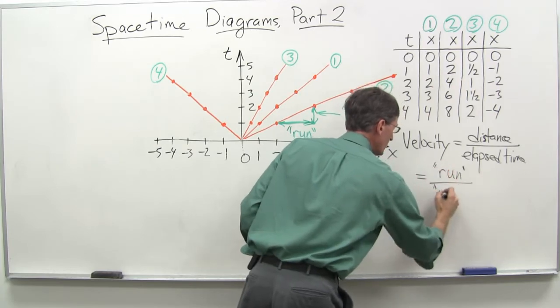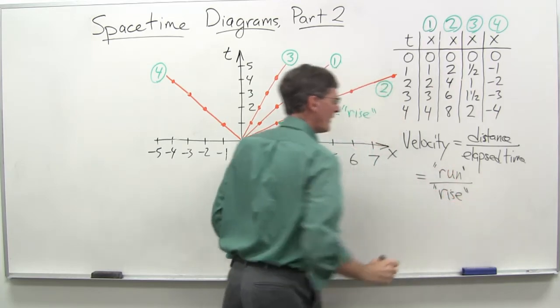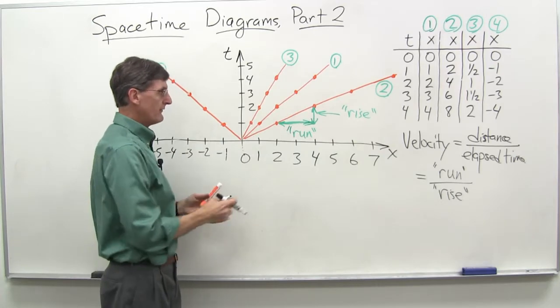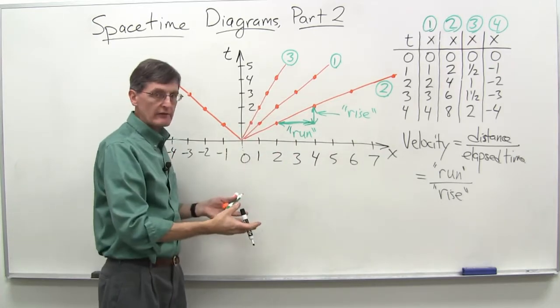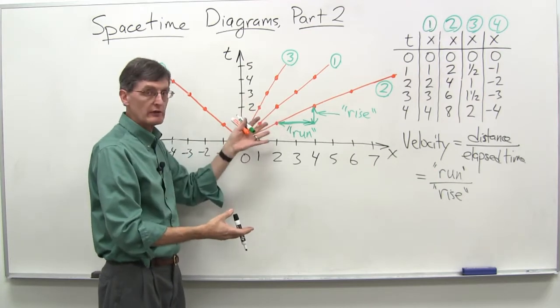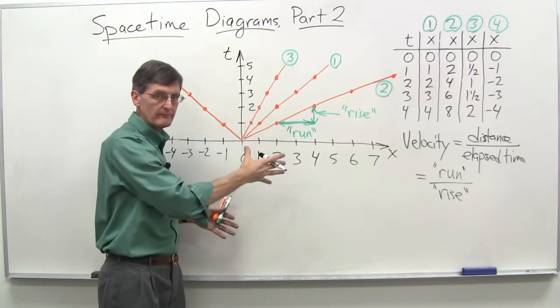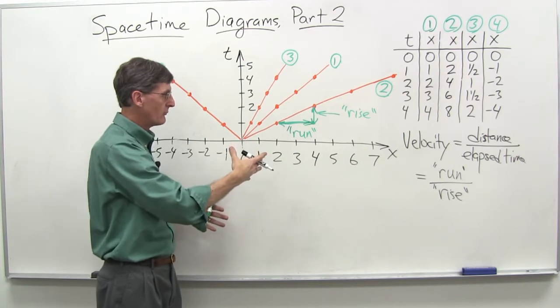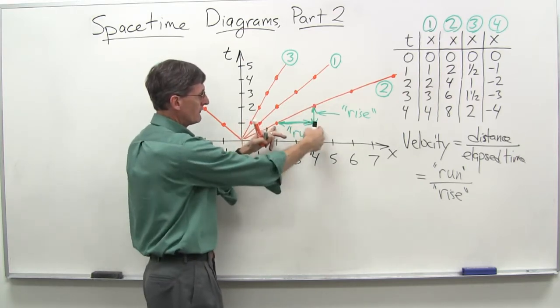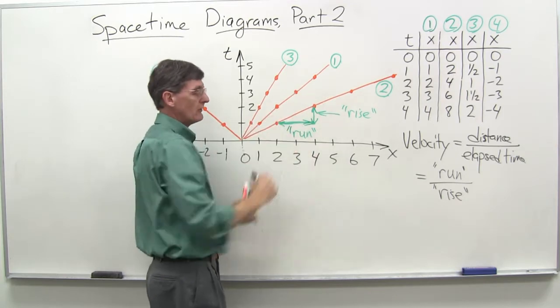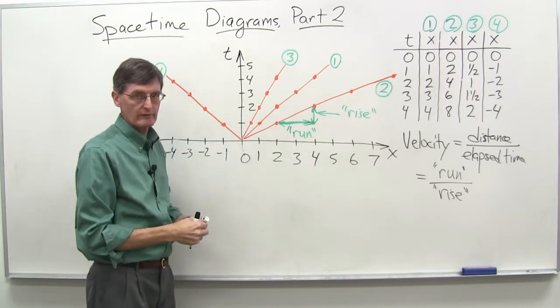Okay, so if I didn't have these numbers here, and I wanted to calculate the velocity of any given world line here, or really the object which the world line represents, I just pick 2 points and I calculate, okay, how far has it gone? Run. How long did it take? The rise, and that's the velocity for me.